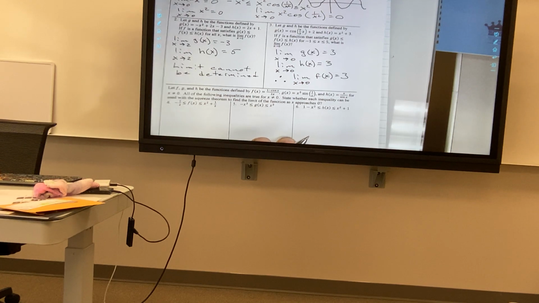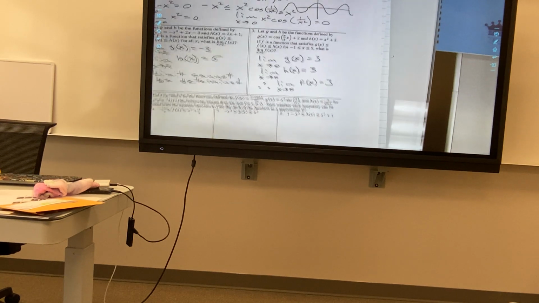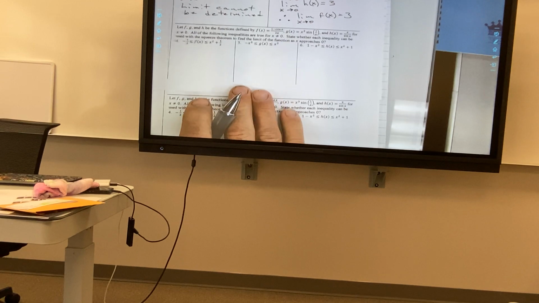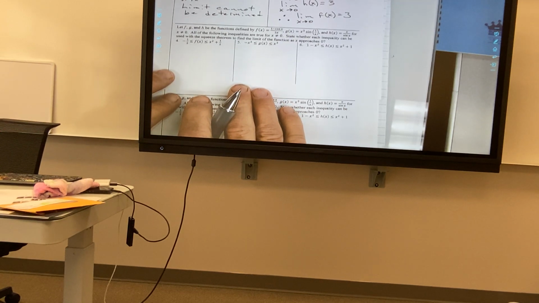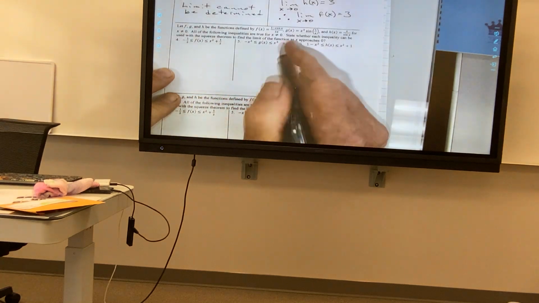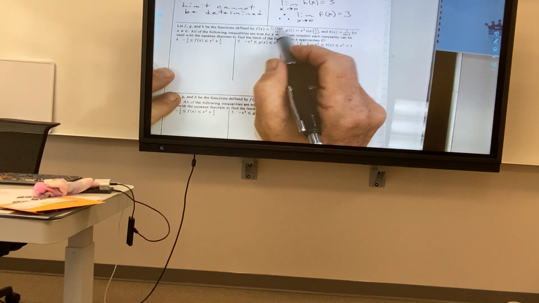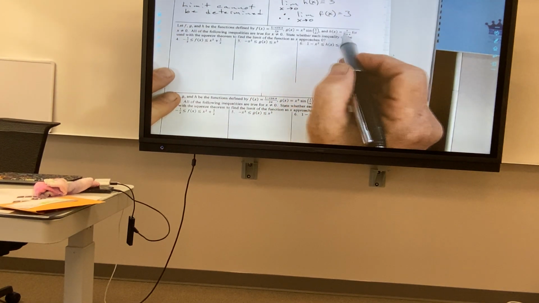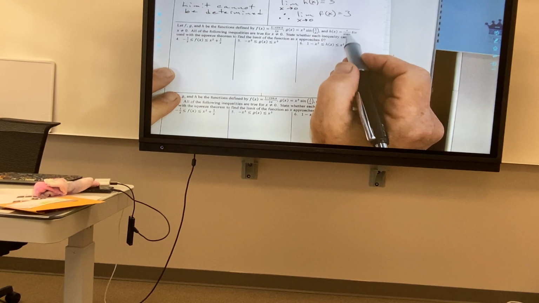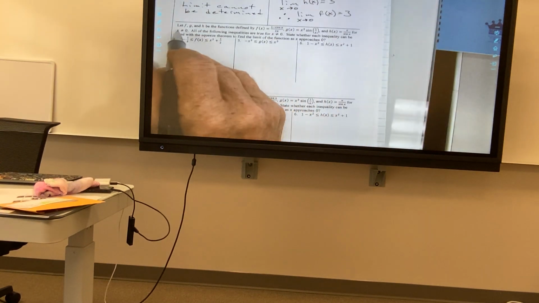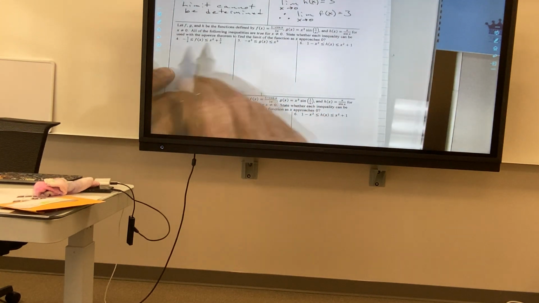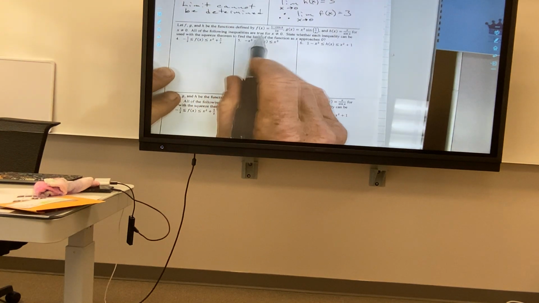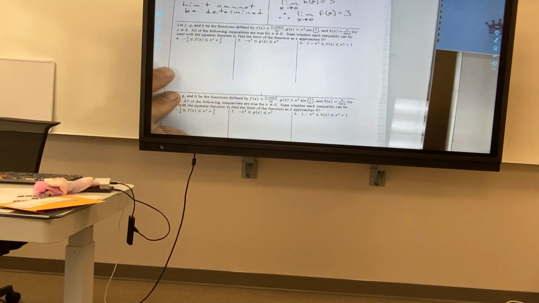All right, so it says, number 4, let f, g, and h be the functions defined by f of x equals 1 minus the cosine of pi over 2 of x. G of x is x cubed sine of x over 1. H of x is x over the sine of x for x not equal to 0. All the following inequalities are true for x not equal to 0.